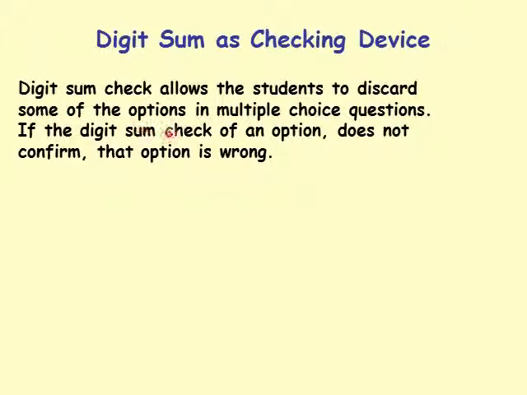And the digit sum check of an option does not confirm that the option is right, but if the digit sum does not match, that confirms the option is wrong. So you can use this to discard some of the options. Let's look at some examples.